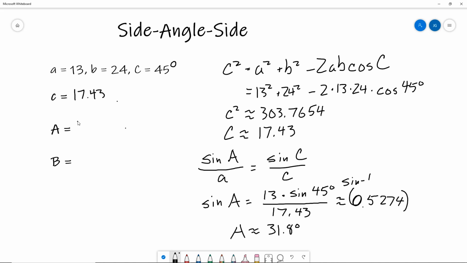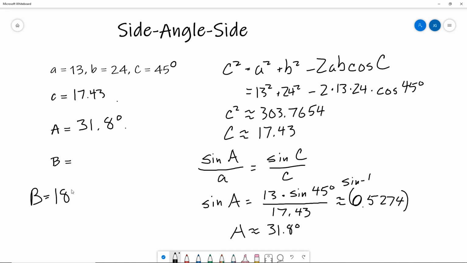Okay, so I'm going to take that, plug that into my final answers, and then just like with the side-side-side situation, here I'm going to take my angle C, my angle A, and B is just going to be whatever's left over in 180.